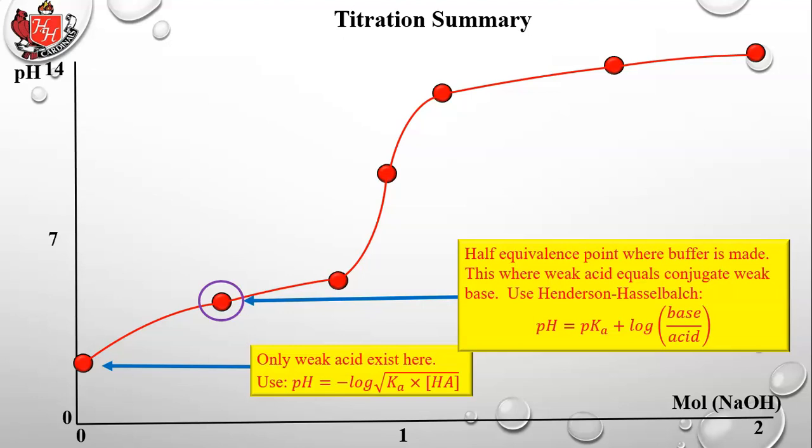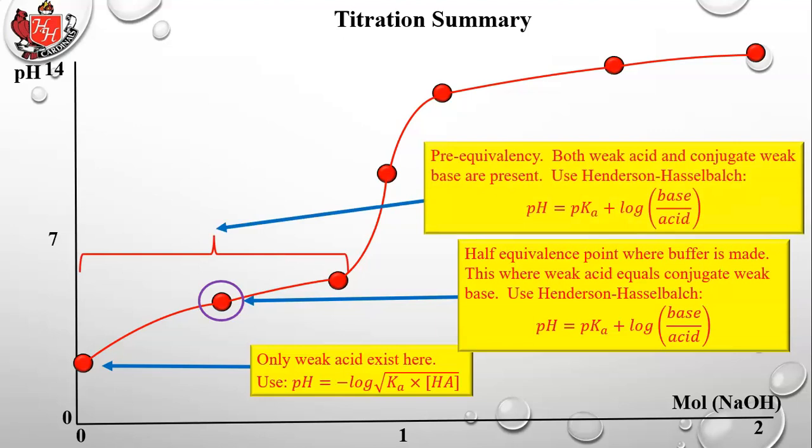So if you want to buffer at 4.75, you choose acetic acid, which has a pKa of 4.75, and you put in equal concentrations, and that will be your buffer point. So that's a key point to creating buffers.